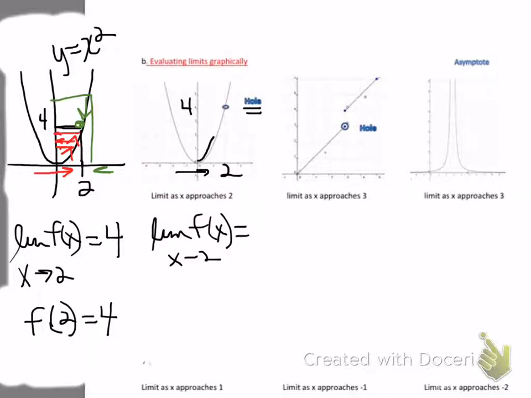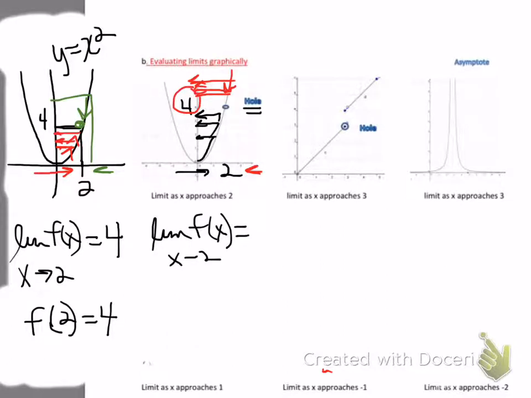You are coming up the graph, reading your y values, and I see that I'm getting closer and closer to 4. Now let's come from the other side. Coming from the right, as I come down the graph, reading my y's, I see that I'm converging on 4.